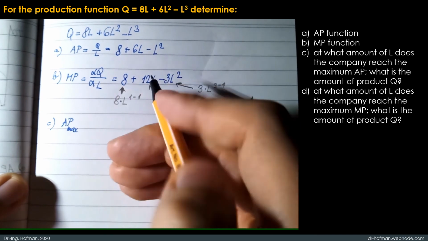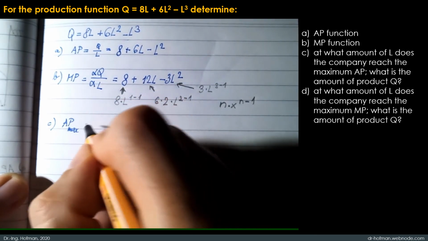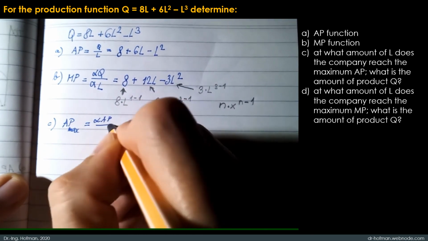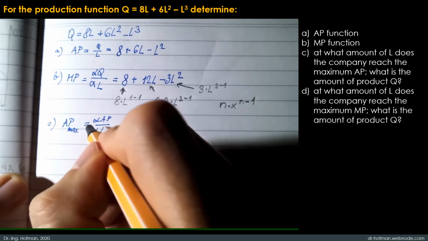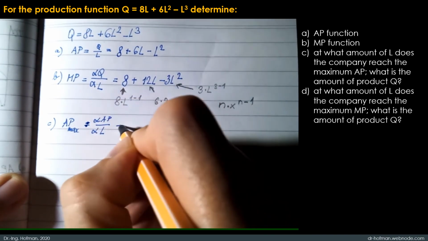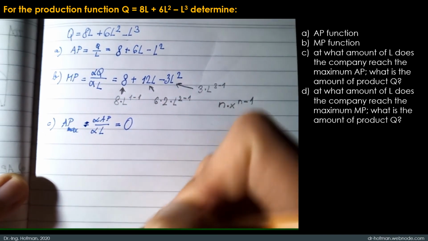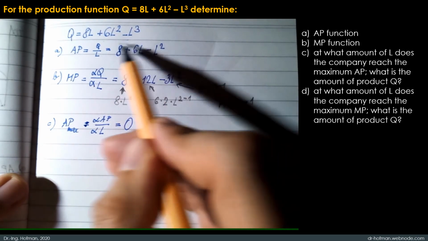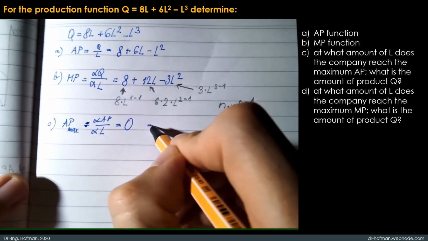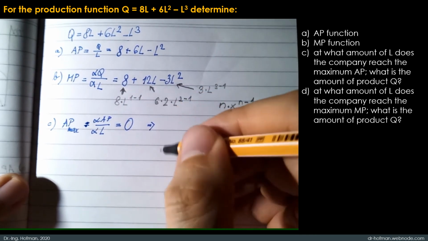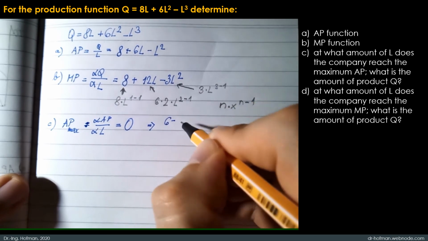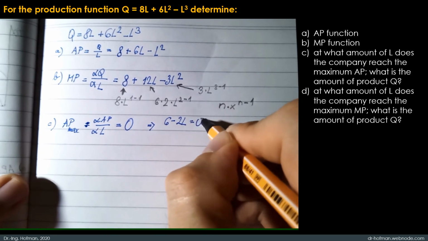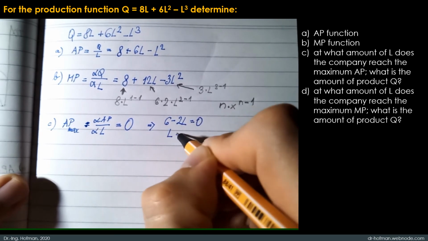In the C point, we are asked to search for the amount of labor at which the company reached the maximum AP, and also calculate the amount of product Q. We know that AP maximum is where the derivative of AP according to L is zero, so this expression should be derived. And we search for the maximum point, it means where this expression equals 0.